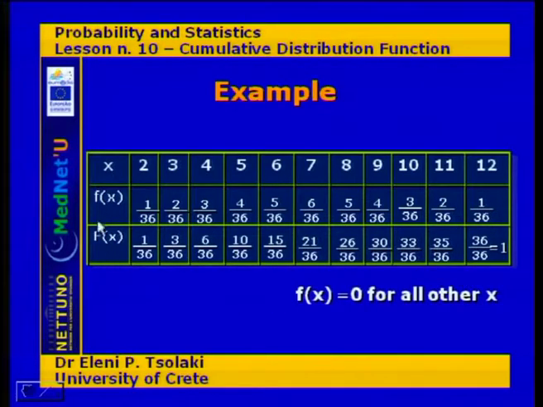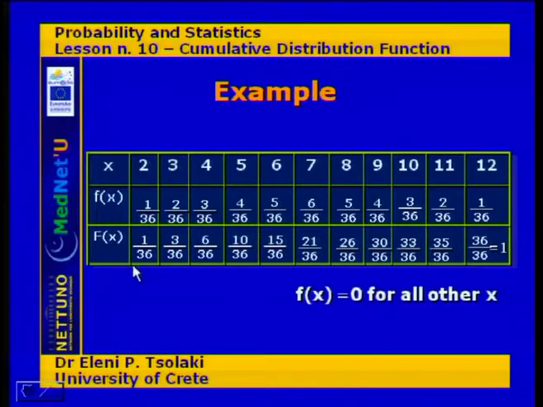Now, in this table, we have the probability function. X is 2, 3, 4, up to 12. We have seen this in the previous lesson, and we want to calculate the cumulative distribution function of x for these values.